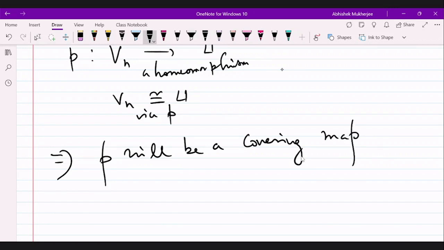In a similar way, you can define the map Z goes to Z to the power n, and that will again be a covering map. Great.